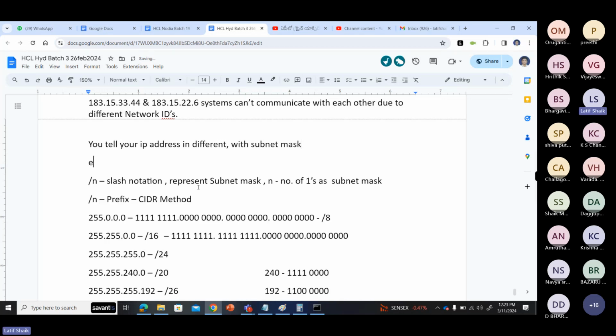For example, my IP address is 192.168.2.23, and my subnet mask is 255.255.255.0.